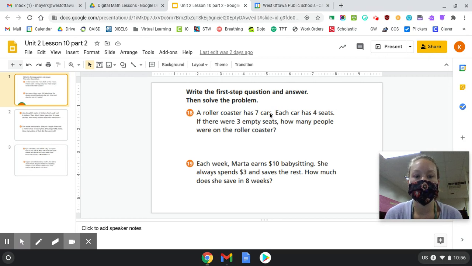So let me read you the first part again. A roller coaster has 7 cars. Each car has 4 seats. So think about what you think we need to do with those 2 numbers first and what question that's going to answer. I'll give you a second to think.